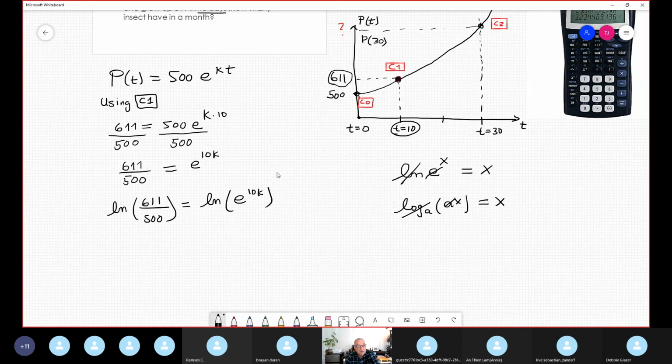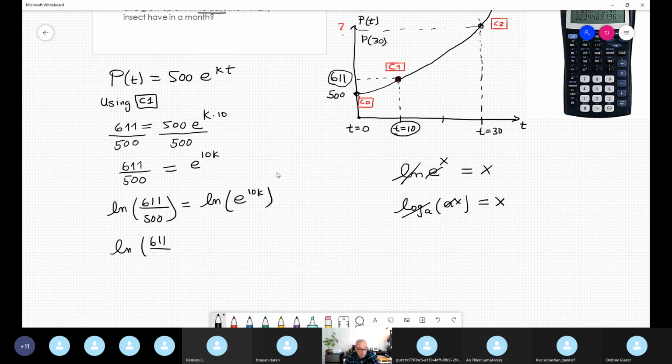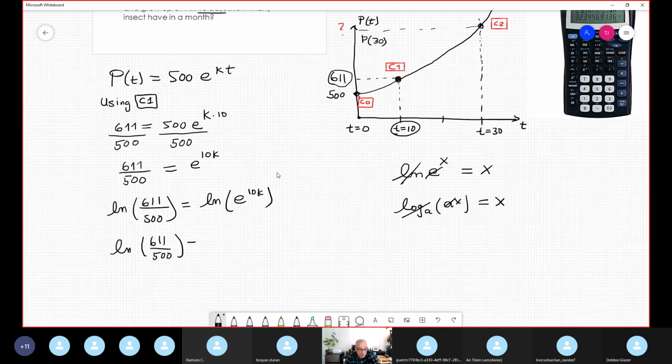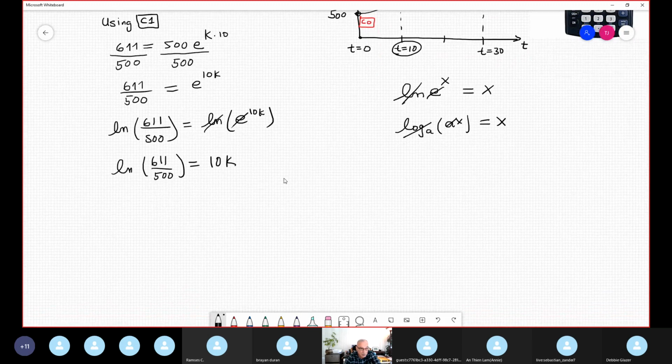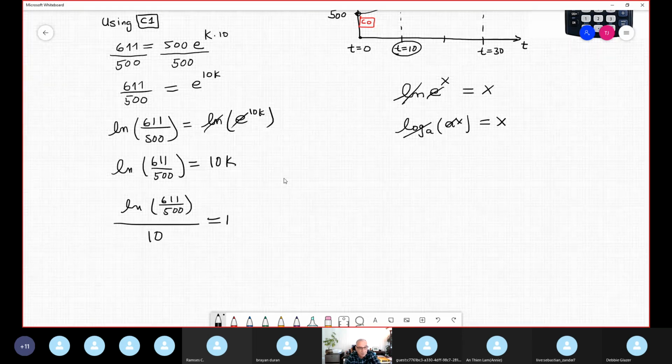Because I know very well that this is cancelled out, therefore magically this is equal to 10k. Wow, that part and that part disappear. Now the final thing: k is the natural logarithm of 611 divided by 500, divided by 10.